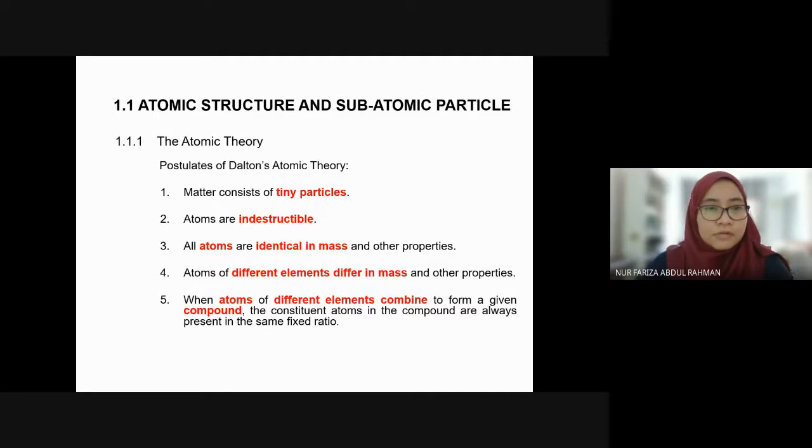1.1.1, the atomic theory. Atomic theory is a scientific theory on the nature of matter. This atomic theory was put forward by a scientist, who was also a physicist and a chemist, known as John Dalton.